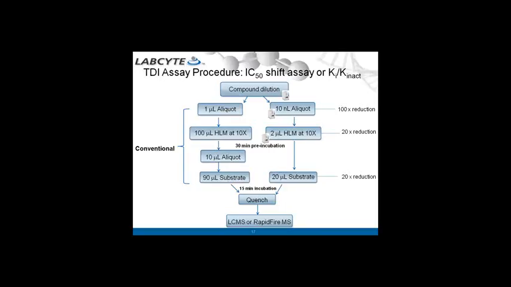Again, right after the enzyme and substrate are incubated, the reaction is quenched and then loaded onto the mass spec. So for the miniaturized time-dependent inhibition, enzyme compound dilution, compound addition and human liver microsome addition are done with the Echo liquid handler.